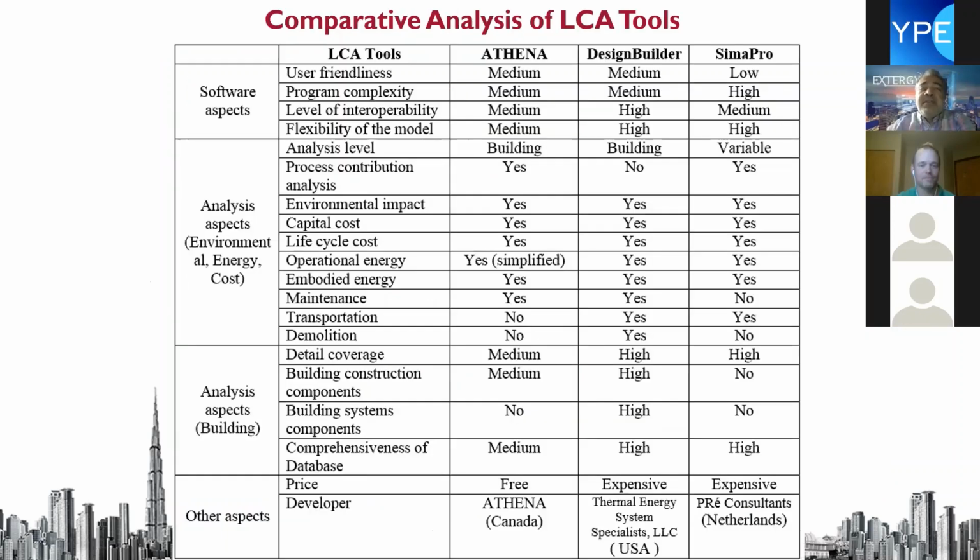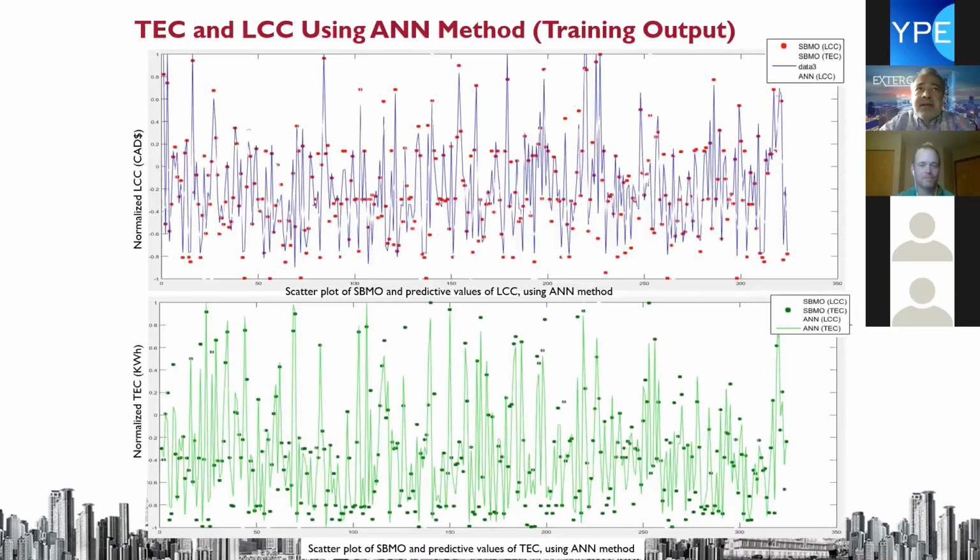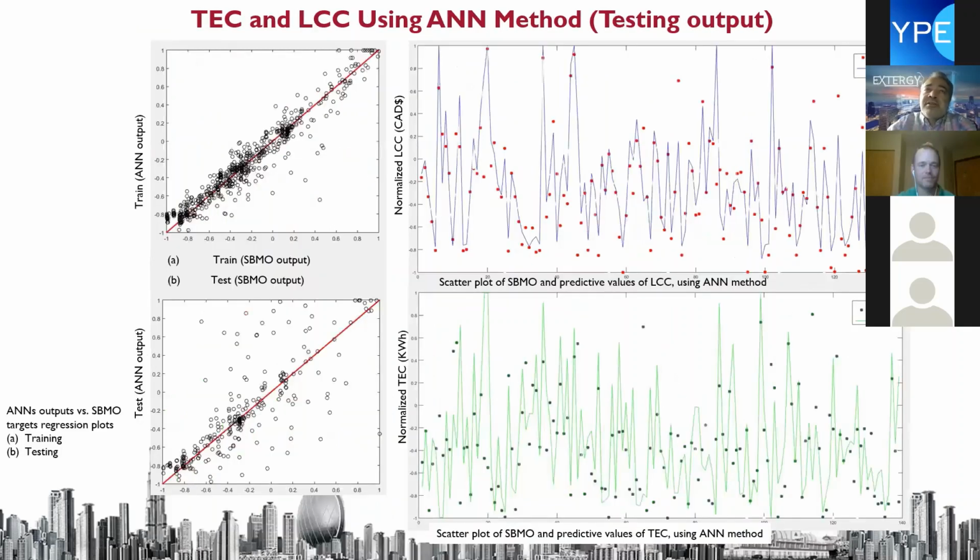We did the life cycle assessment as well. We used Athena, which is a very powerful software developed in Canada. This was our results. The red dots are the real numbers. The graphs show how we use the artificial neural network to simulate and reach the targets, using a regression method with AI.